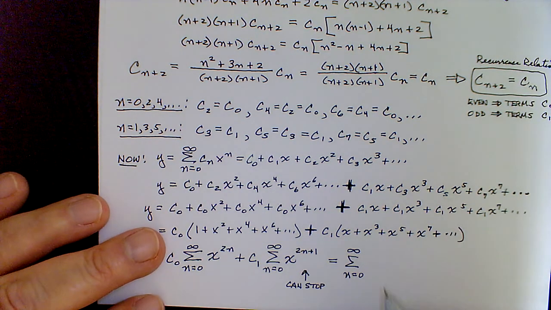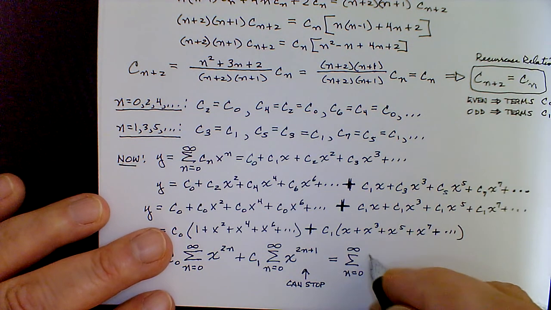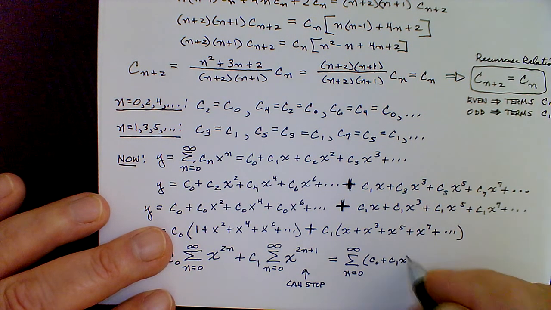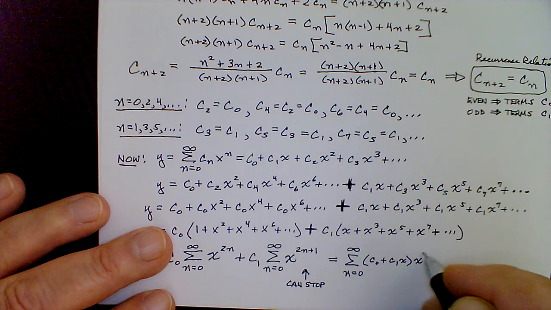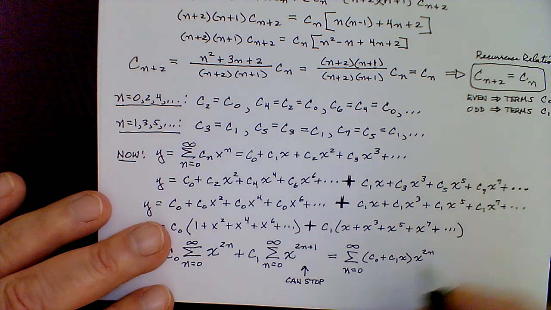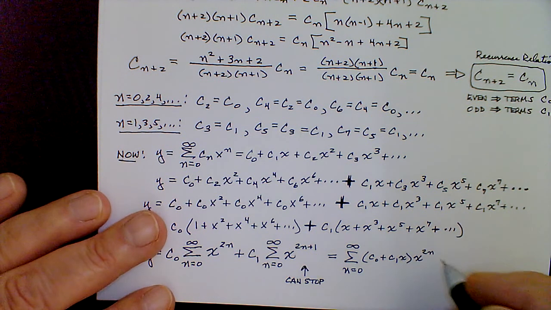They factored out an x to the 2n and made this c sub 0 plus c1x times x to the 2n, which you can see is c sub 0 x to the 2n plus c sub 1 x to the 2n plus 1, because you're adding exponents there.